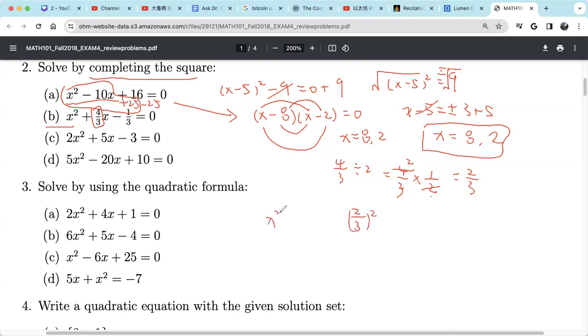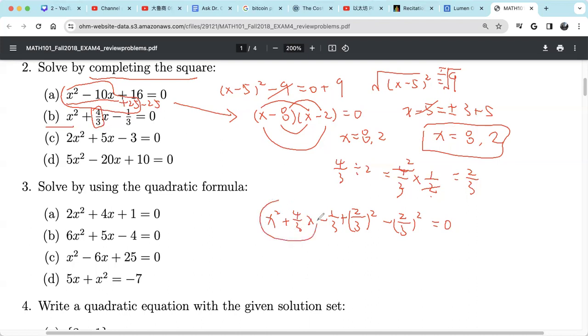So we have x squared plus 4/3x minus 1/3. Now we want to add 2/3 squared and subtract at the same time, because we can only add 0, right?